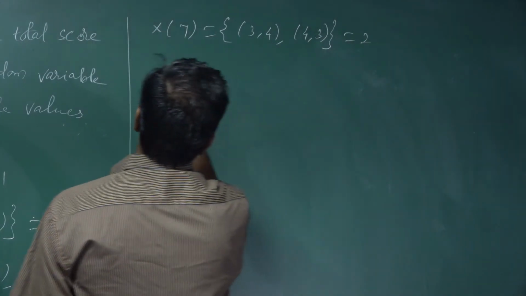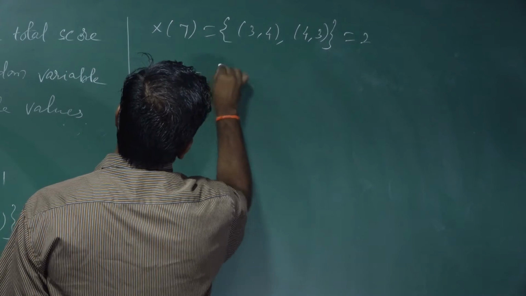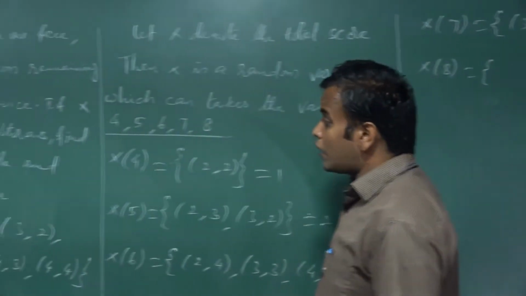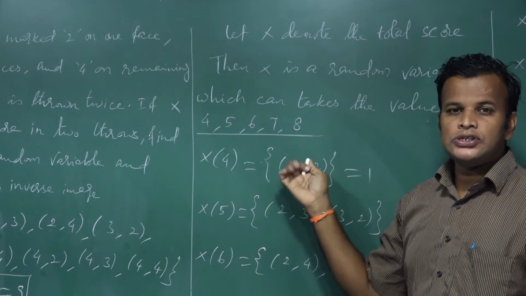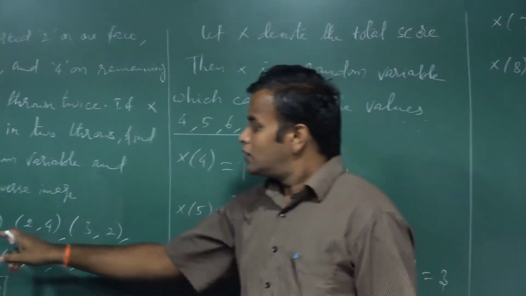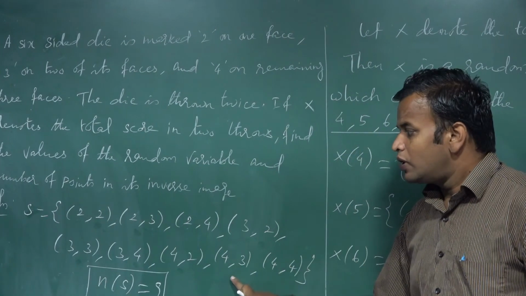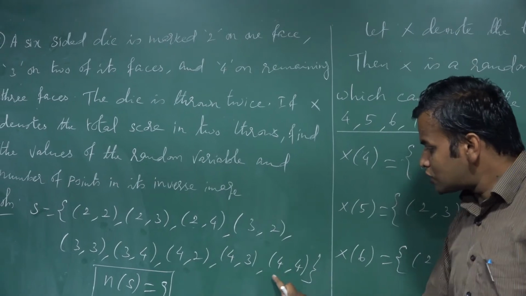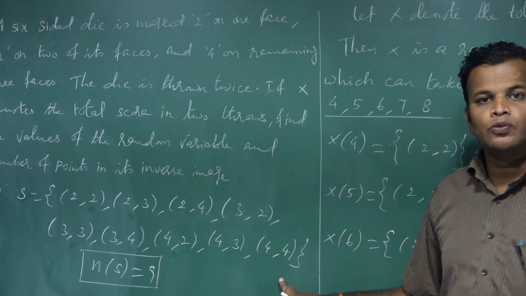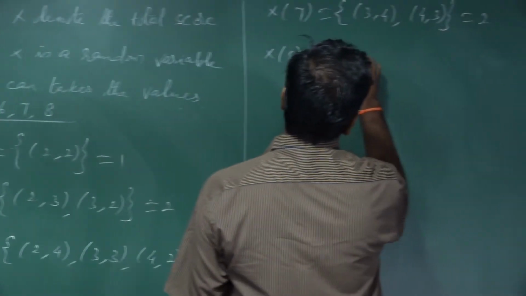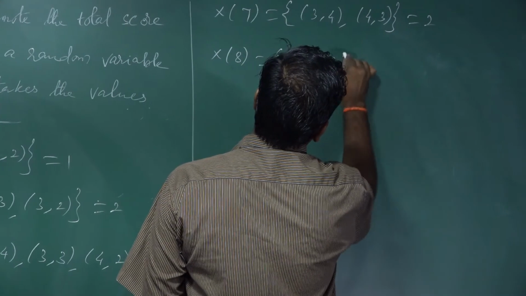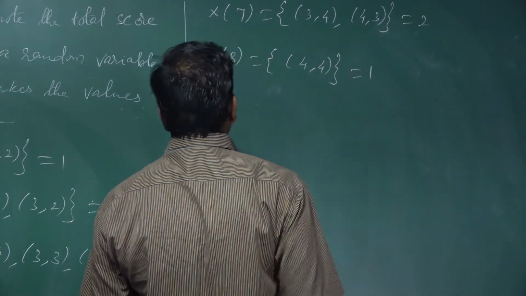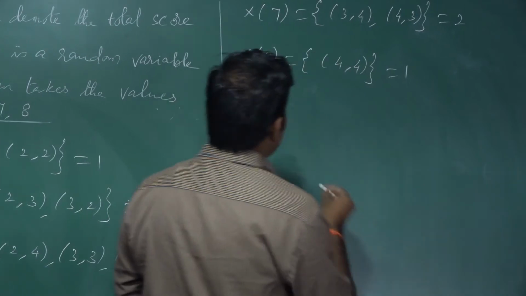How many values are there? 2. The last one is X of 8. X of 8 means the total value is 8. All the other values are impossible because they are less than 8. But the last value, 4, 4. 4 plus 4 is 8. So the counts are 1, 3, 6, 8, 9.